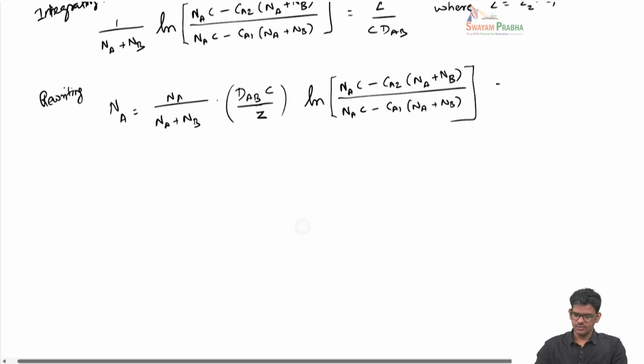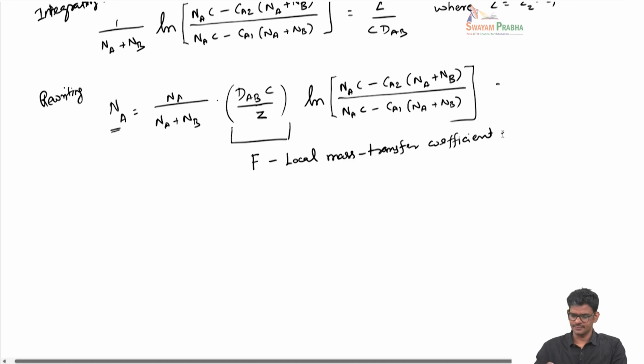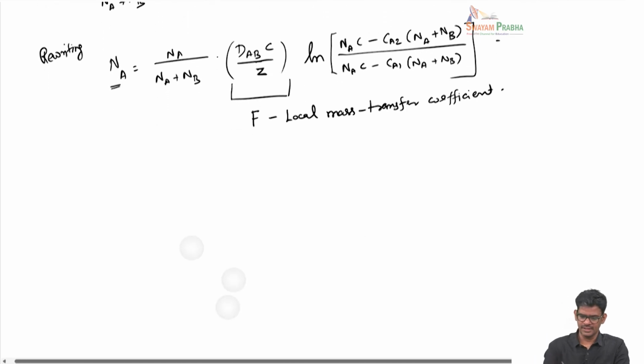you can write now that this flux Na is related to this set of terms, and we call this particular group of terms F. This is a local mass transfer coefficient, called the F type mass transfer coefficient. So we have Na equal to Na by (Na plus Nb) times F times ln of this term.